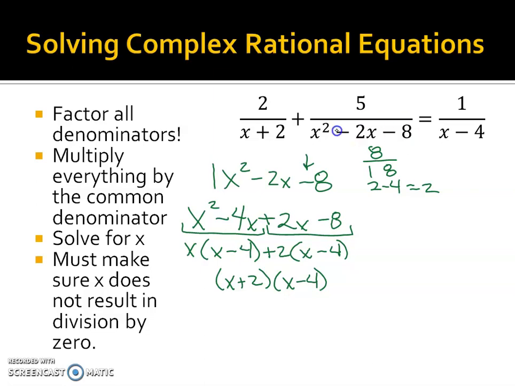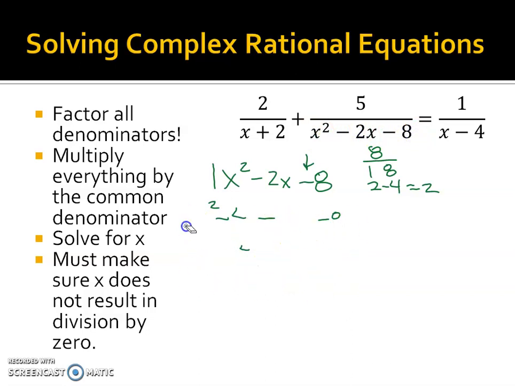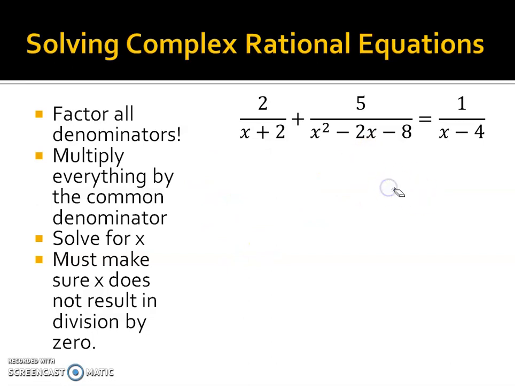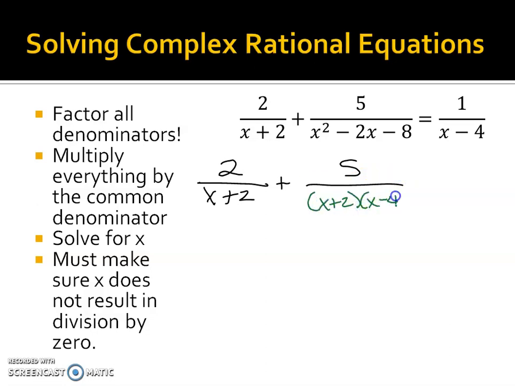Okay? So now I'm just going to rewrite this part up here with the denominator that we just found after factoring. Okay, so I've got 2 over x plus 2, and then a plus 5 over, instead of x squared minus 2x minus 8, I now have an x plus 2 times an x minus 4. And that equals 1 over x minus 4.